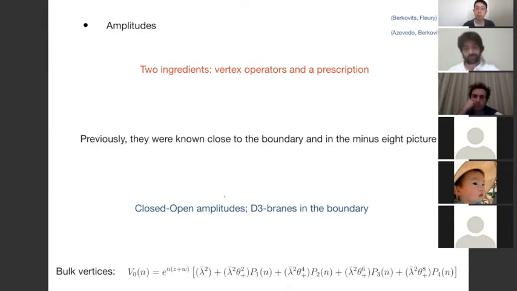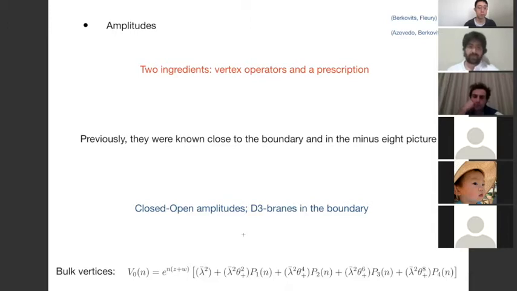So this was the only amplitude computed before, and because the branes are very close to the boundary, you have the open strings on this D-brane at the boundary. It was possible to use the prescription of flat space, and they managed to compute it.